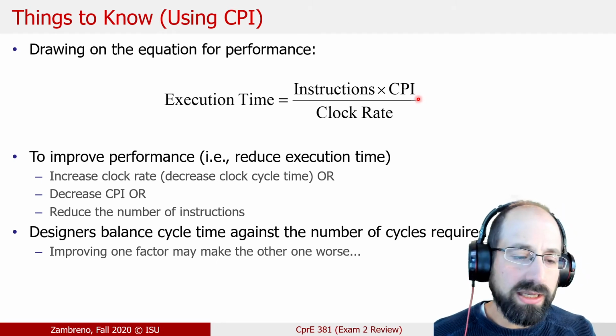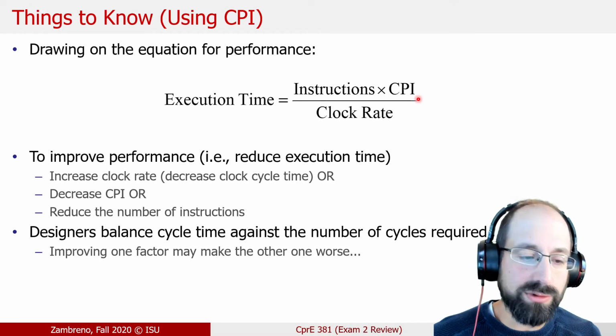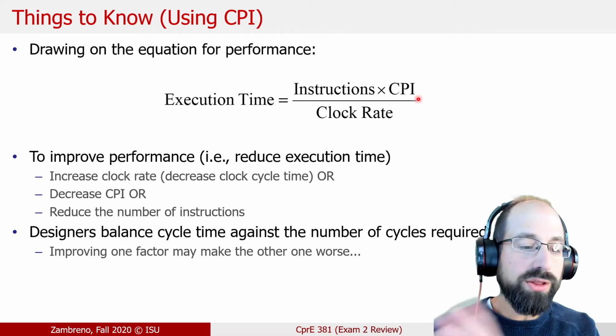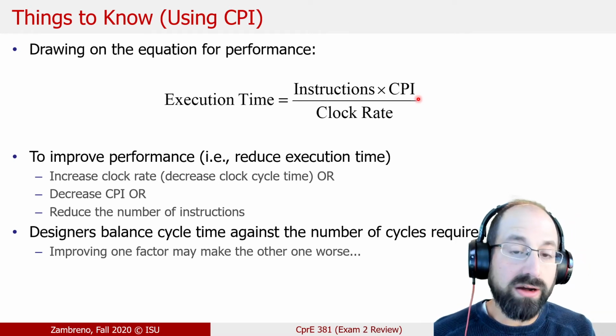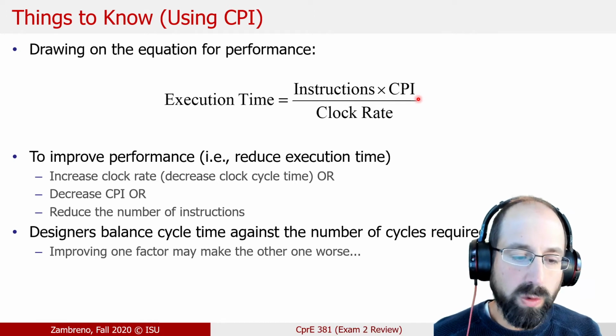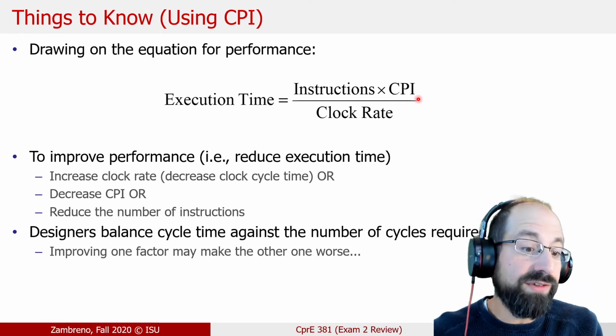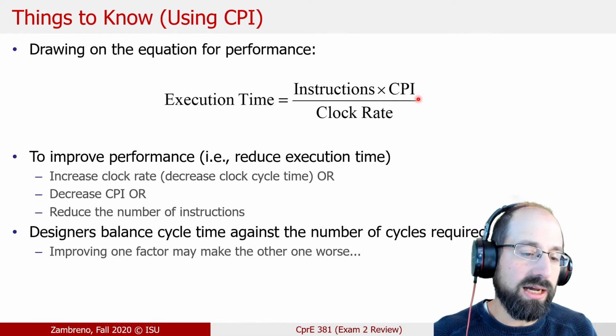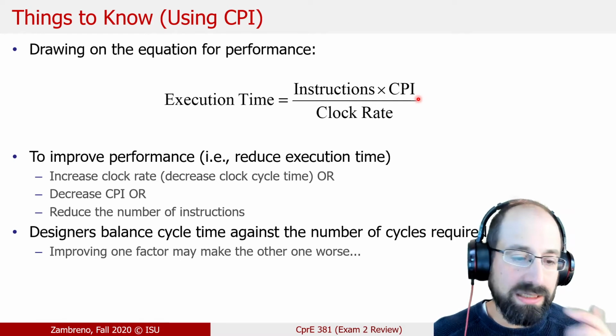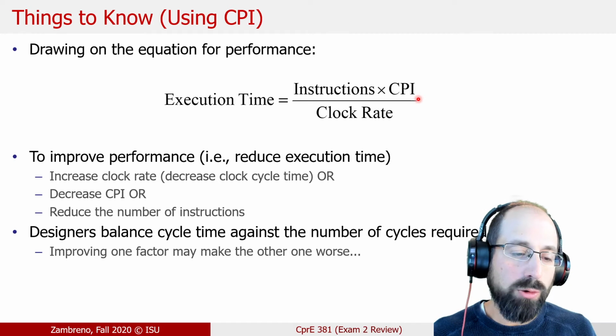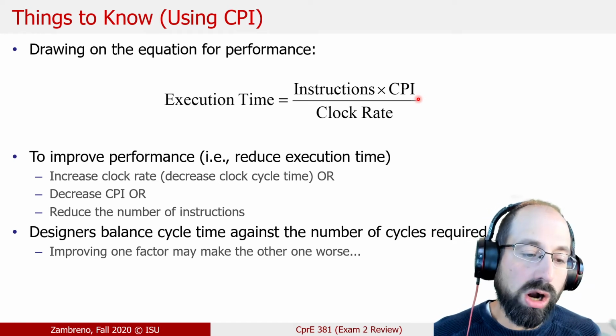Looking at the single cycle, for which CPI equals 1, versus these theoretical other designs for which CPI varies based on the instruction, whether it's multi-cycle or not, you'd be given an instruction cycle count per instruction type, a CPI per instruction category. We can balance the trade-offs, and there are trade-offs that we've seen.